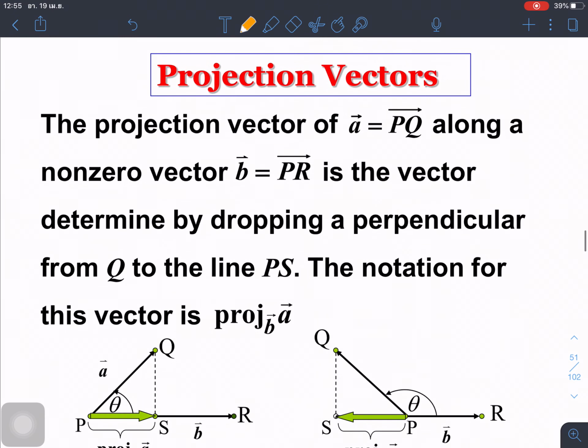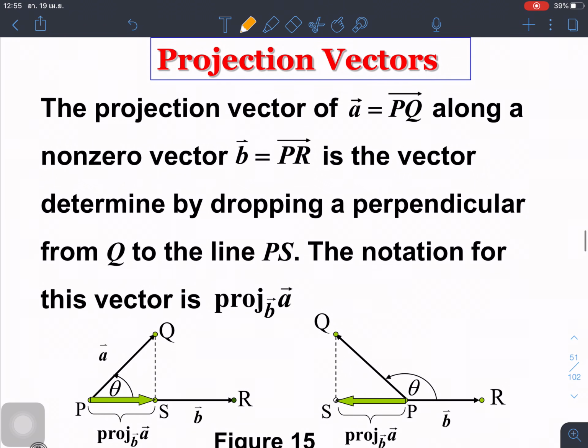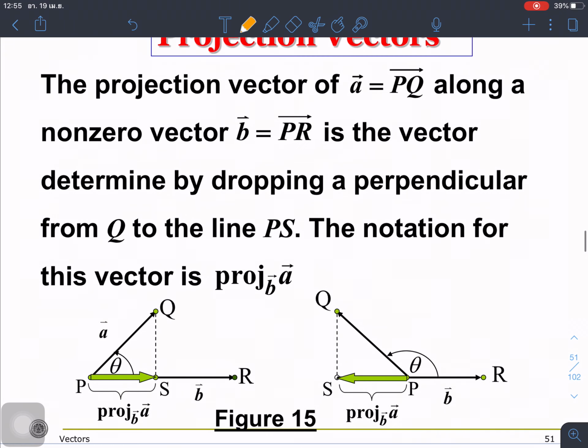Now let's use that result to find the projection vector. So we already know how to find the scalar component, and we want to add more information. If you know the scalar and you know the direction, you're going to get the projection vector. Let's take a look at the figure together with the explanation above.